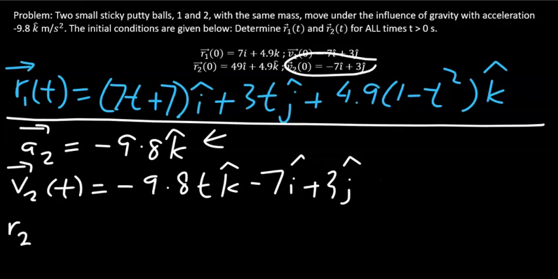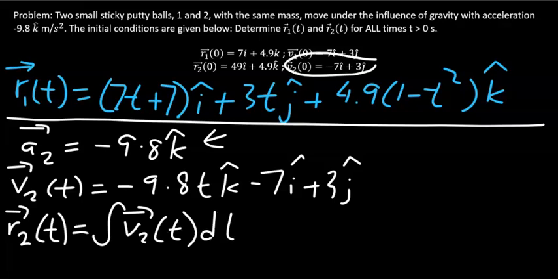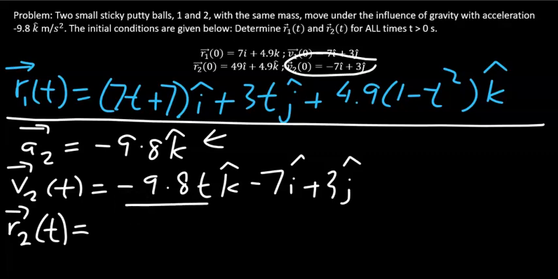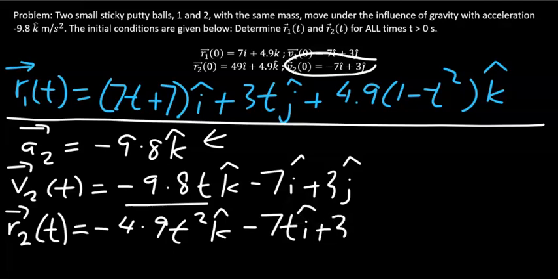Now the position vector of ball 2 at any time t is just an integration of the velocity vector of ball 2 with respect to time. So let's do term by term. Integrating the first term with respect to time, you're going to end up with minus 4.9 t squared k hat. Integrating the second term, minus 7t i hat. Integrating the third term, 3t j hat, plus an integration constant, which is a constant vector d2.